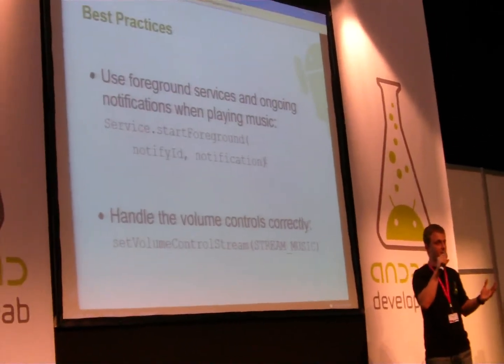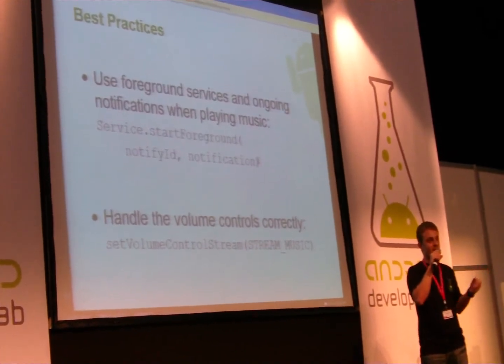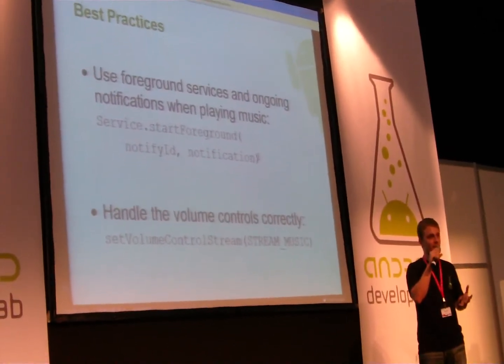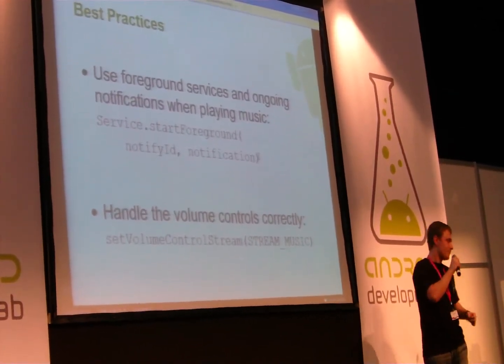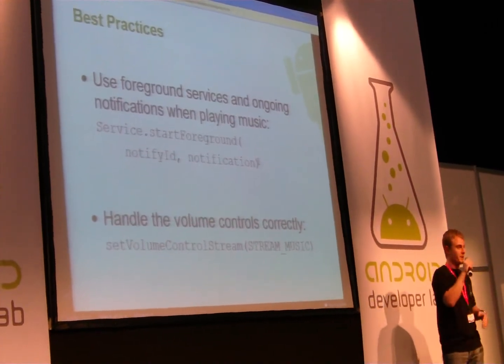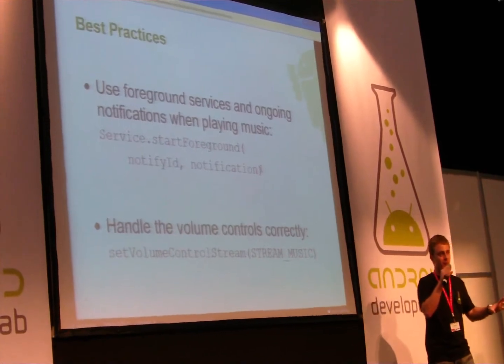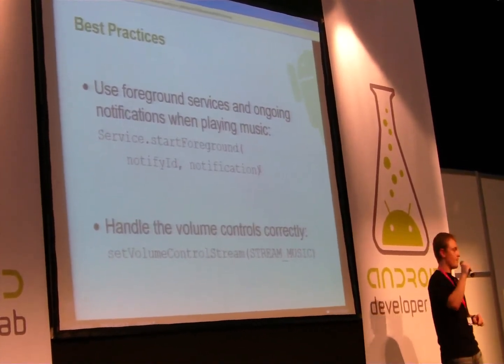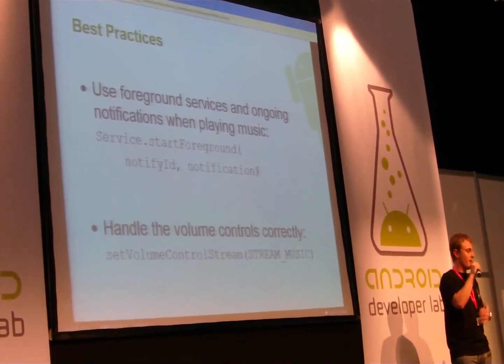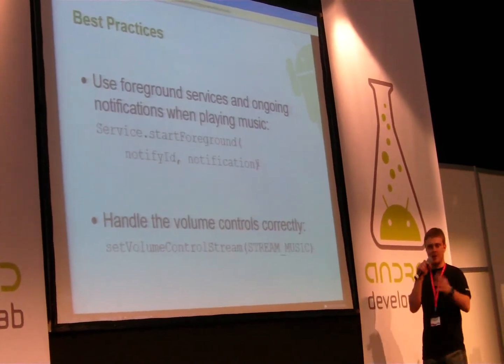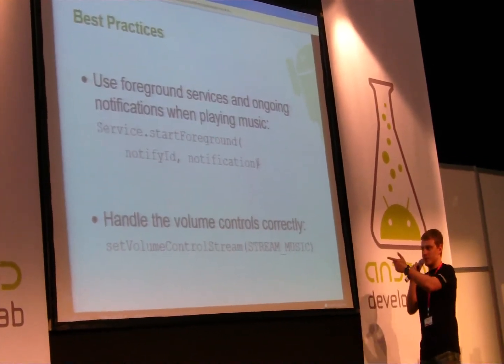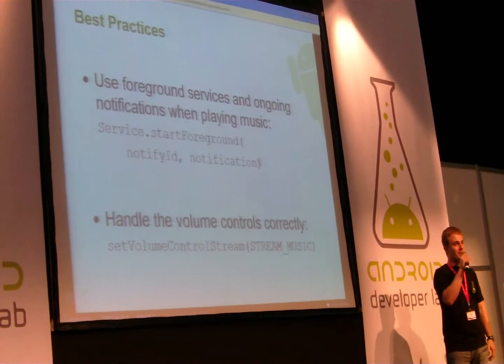You can imagine playing music in the background, and the system decides to just stop that, that's not very good for the user experience. So be careful when using foreground services because you don't want to do that unless it's absolutely necessary. And also volume controls. I'm not going to go into much detail, but use that when you have problems with volume controls.